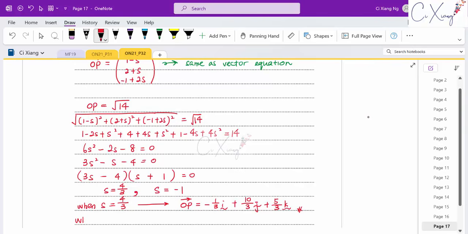Then I have another possible value for OP. When s equals -1, if you substitute into the position vector of P, then by right you should get 2i, then plus j, minus 3k.